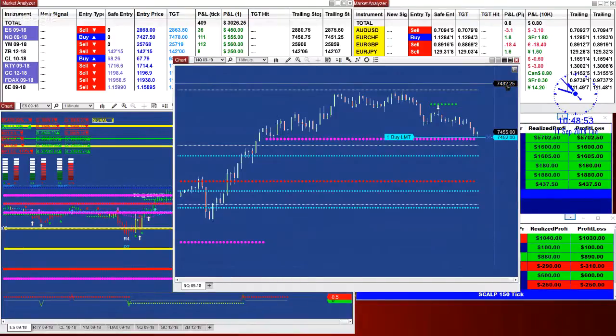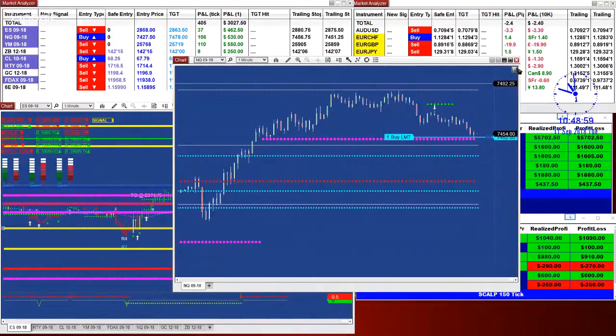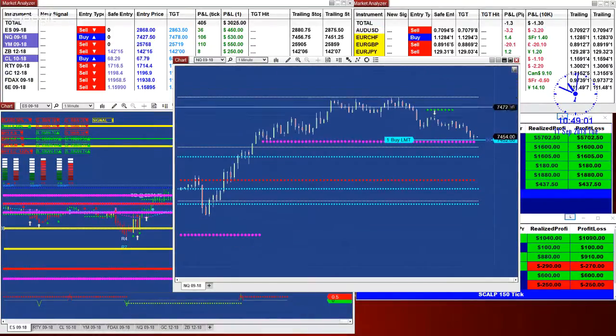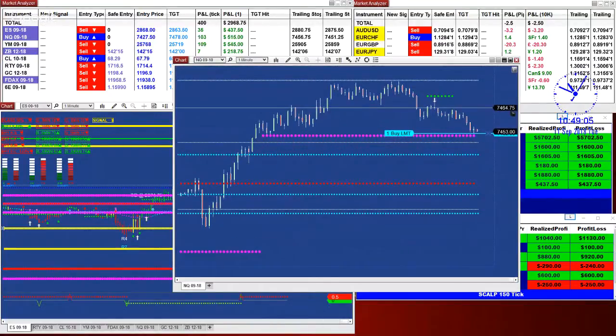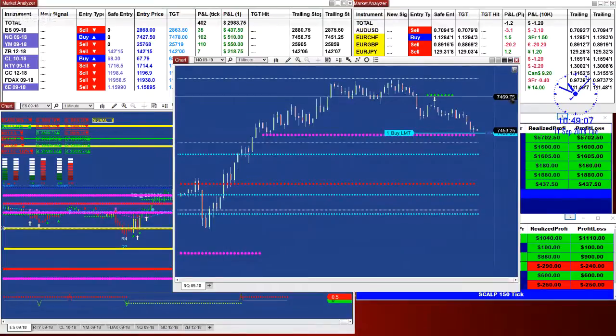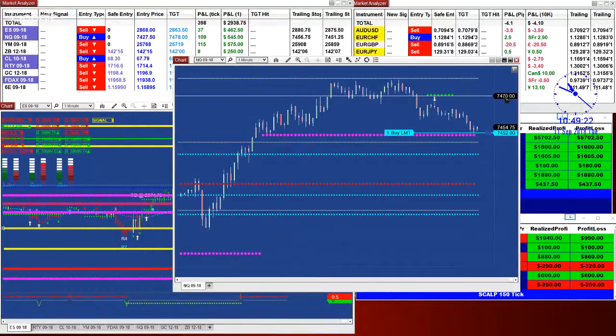I think I called it 54 and then I put it at 52, because you always have to give it room, but I'm going to stay on 52. We are a few ticks away from the 52. We missed it by one tick.